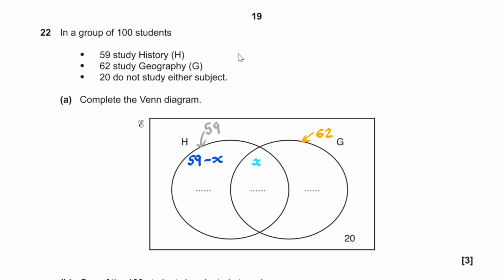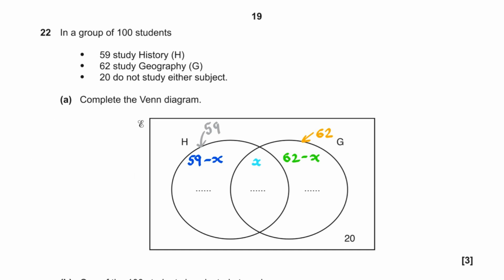And if we call this intersection point X, then here what we'd have is 59 take away X, and what we'd have here is 62 take away X. And we need to find out the missing values over here. So both of these will add up to 100, because everything inside the Venn diagram adds up to 100.